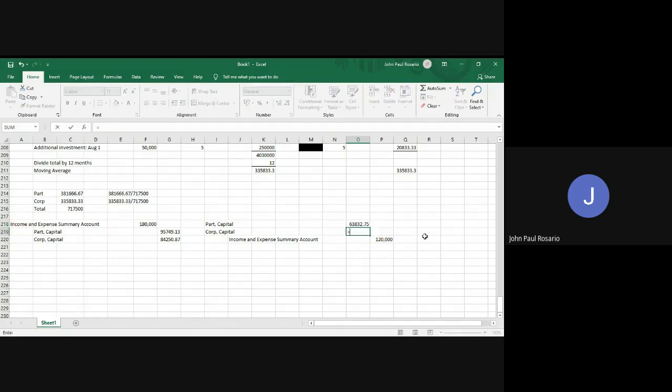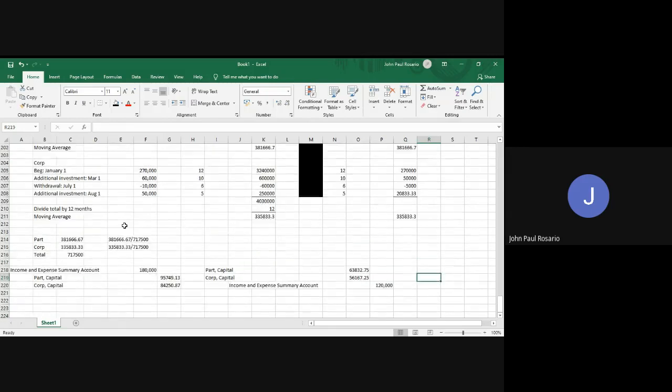While for Corp, it is 120 times 335,833.33 divided by 717,500. Let's check if the total is right. Okay, 120,000. So with that, those are our entries when our basis is capital ratios.